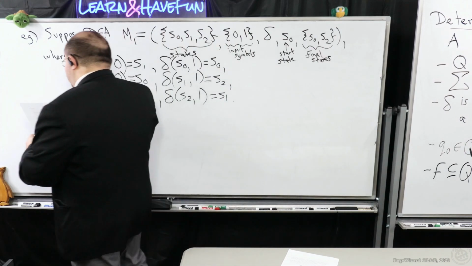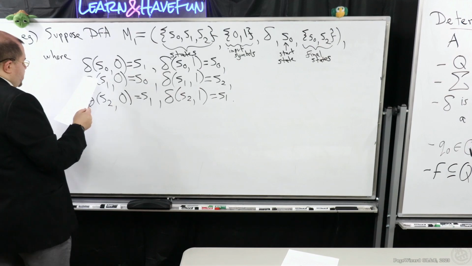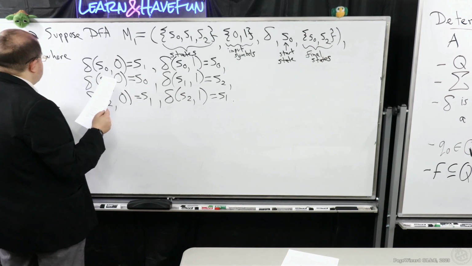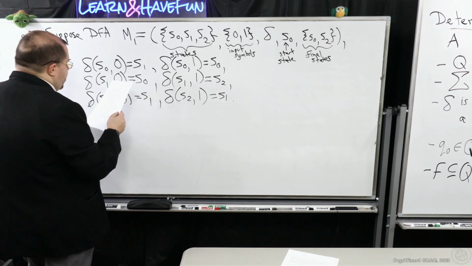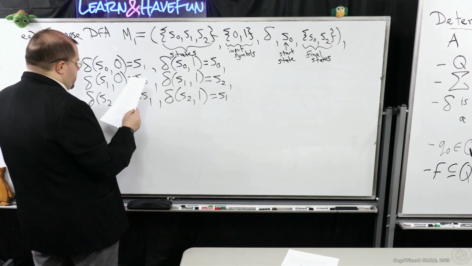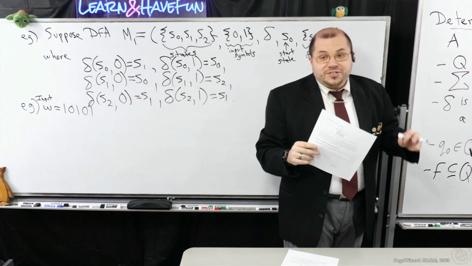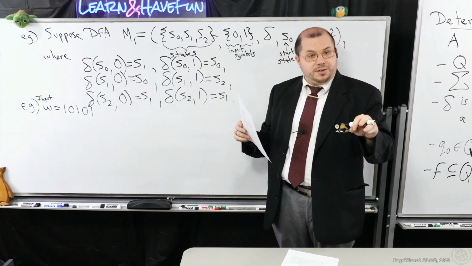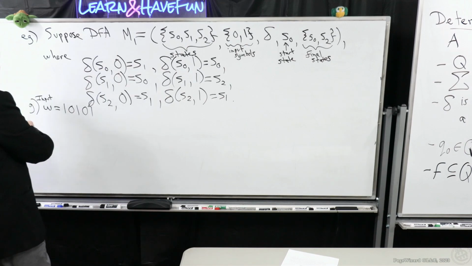So let's do an example. Suppose the input W is the following binary string: 1, 0, 1, 0, 1. When we start up, we're going to be in state S0, and we begin by reading this 1.